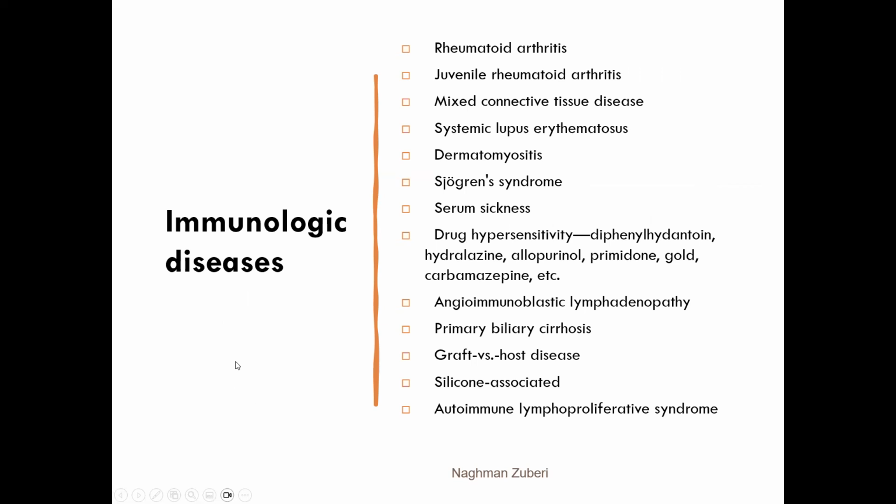Immunological diseases like rheumatoid arthritis, juvenile rheumatoid arthritis, mixed connective tissue disease, systemic lupus erythematosus, dermatomyositis, then Sjogren syndrome, serum sickness, drug hypersensitivity: diphenylhydantoin, hydralazine, then allopurinol, primidone, gold, and carbamazepine.